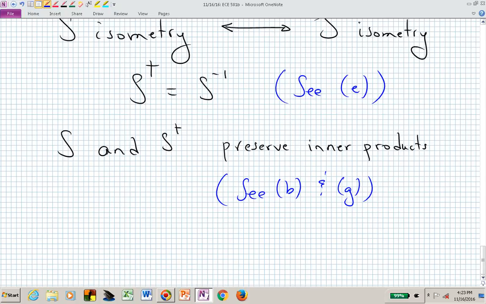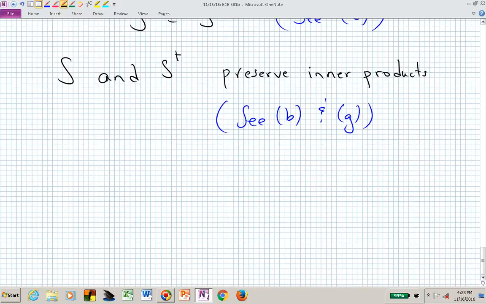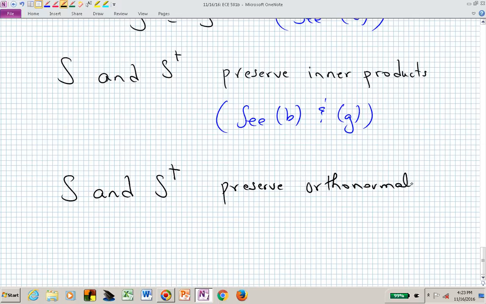Oh, then it must preserve inner products. Not only do they preserve inner products, but they also preserve orthonormality. It's a mouthful. But S and S dagger preserve orthonormality.